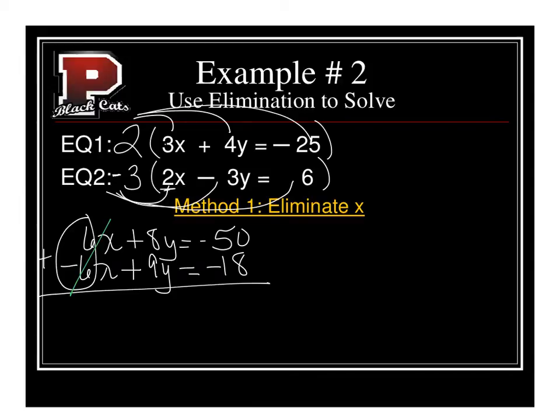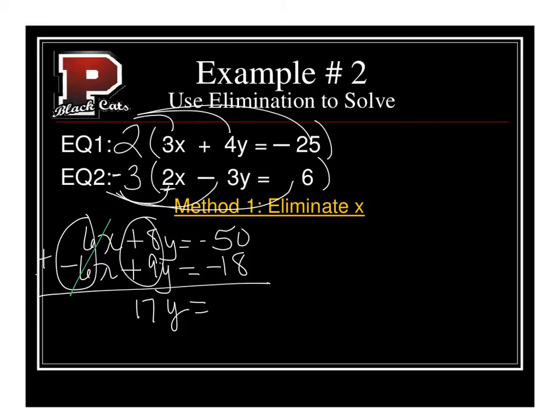And when I do that, they both have an x, but 6 minus 6 is 0, so I have 0 x's in my answer. And then I'm going to add my y's together. They both have a y. What makes them the same stays the same. And then I am going to add my coefficients in front. 8 plus 9 is 17.